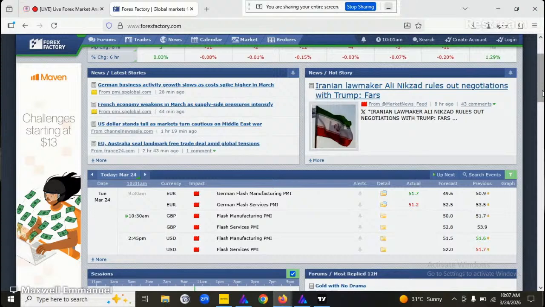After Great Britain has released its flash manufacturing PMI, around 10:30, 11 a.m., that will be the right time for you to look for your setup. But if you are considering trading dollar pairs, then you should wait for the United States to release its flash manufacturing PMI data before you trade dollar pairs. I hope that is clear.